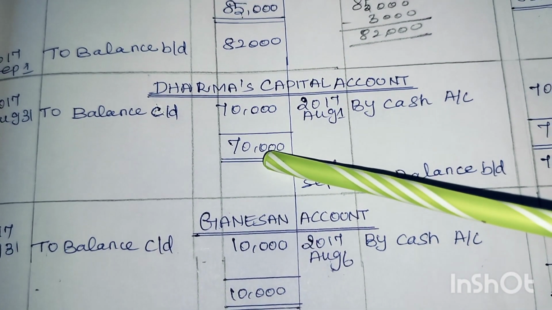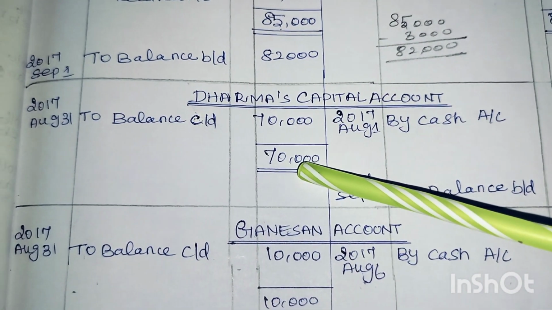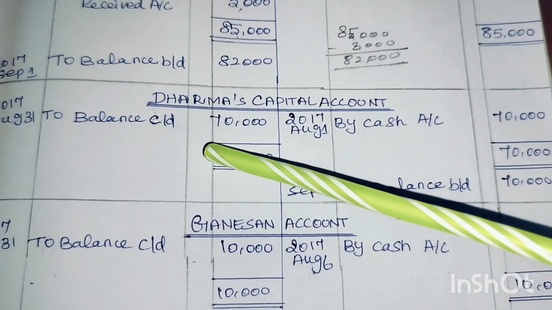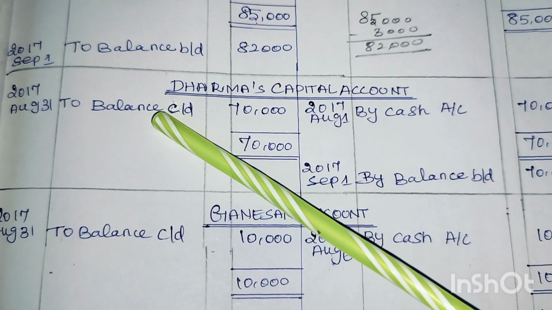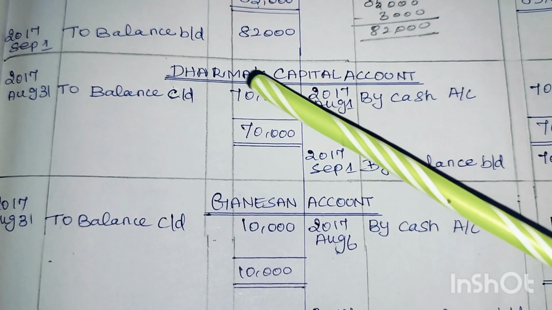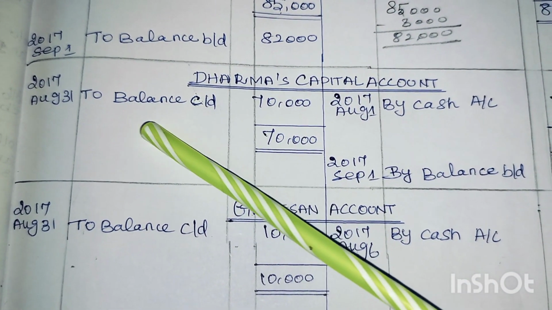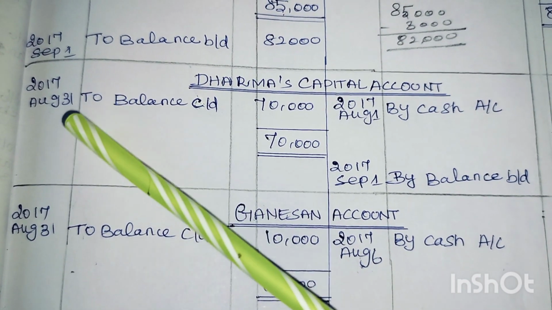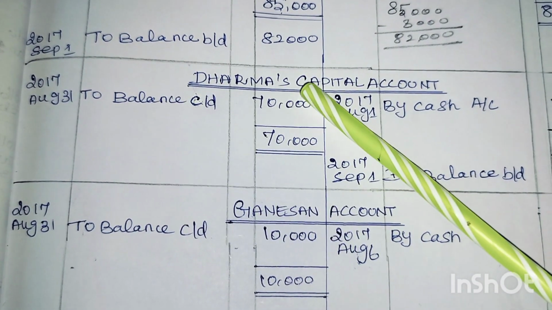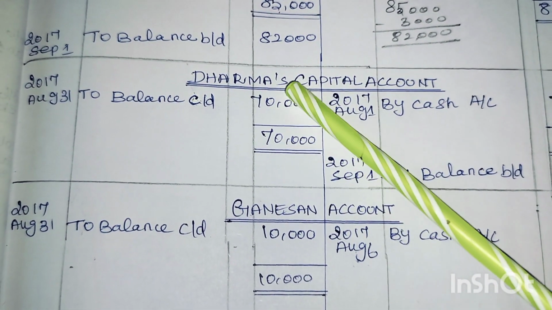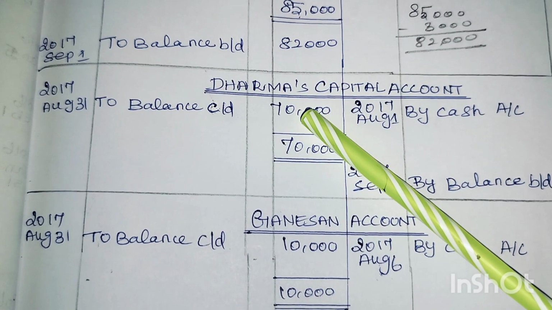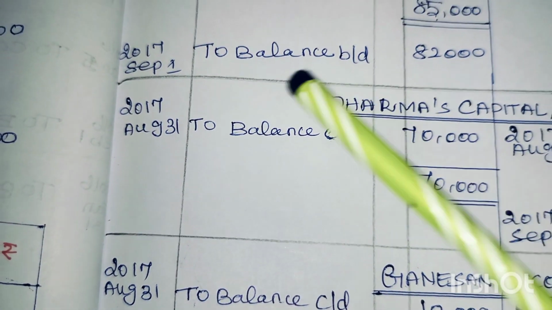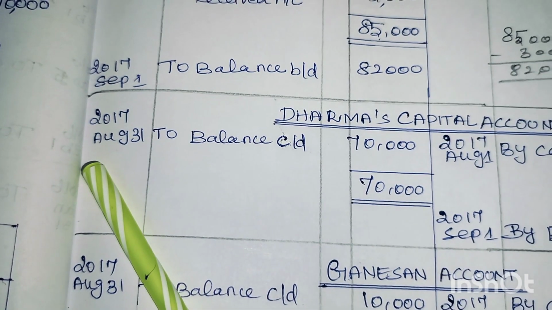Then what we do? We find which side has the lesser value. Of course, the debit side has the lesser value, the zero value, because we didn't do any capital transaction there. So we have to write 70,000 on the debit side to close Dharma's capital account.